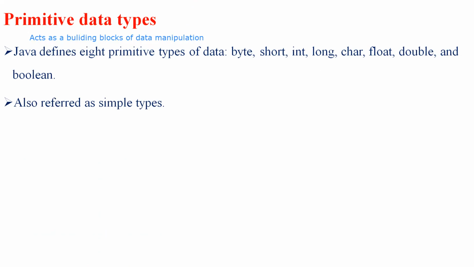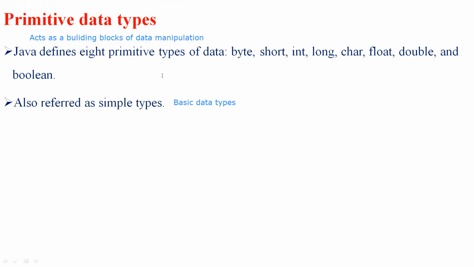These 8 primitive data types are also called basic data types, or simple types. Whenever I say primitive data types, they act as building blocks of data manipulation in Java programming.